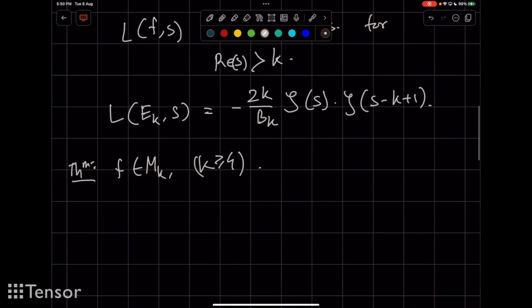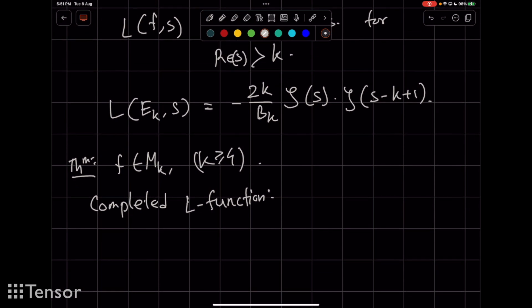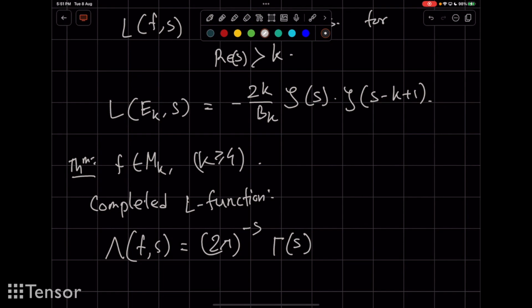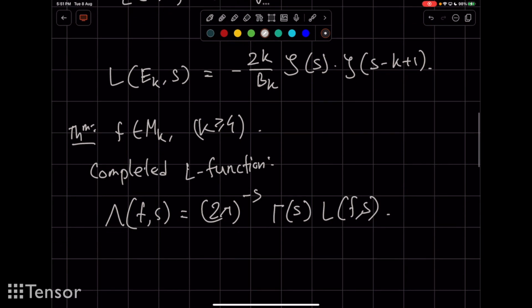We define the completed L function like this: capital Lambda of f comma s is equal to (2 pi)^(-s) times gamma of s times the L function. So this is the completed L function.